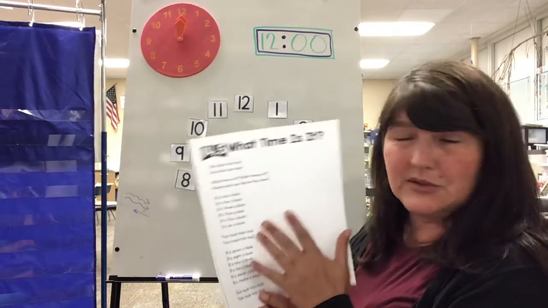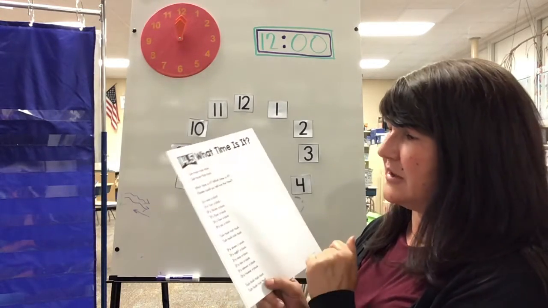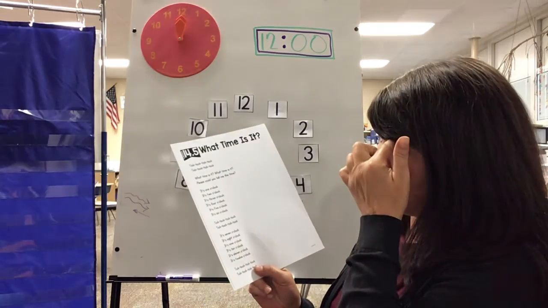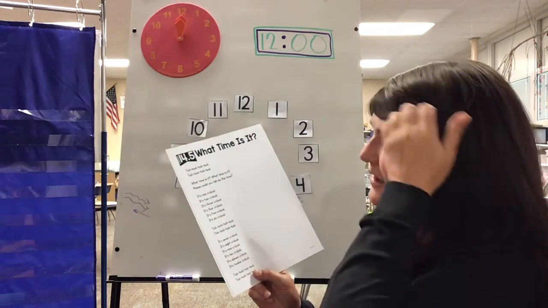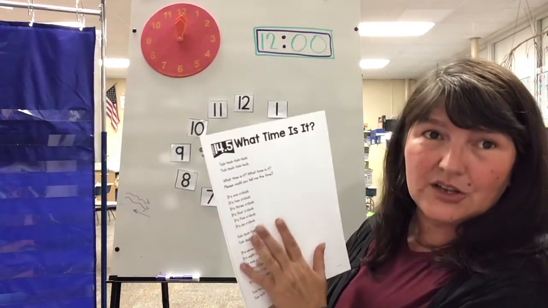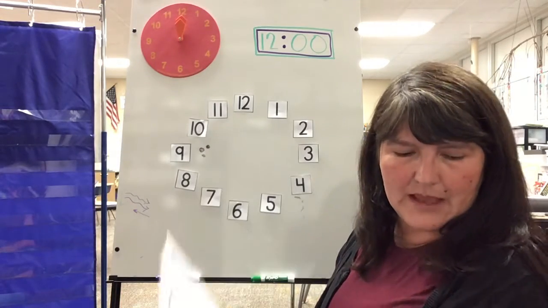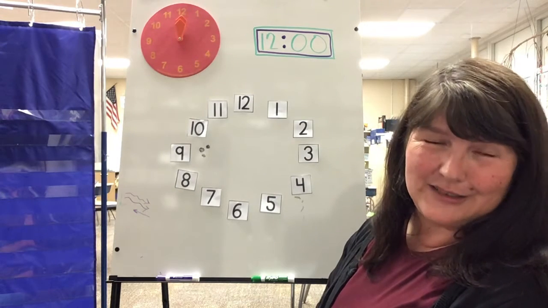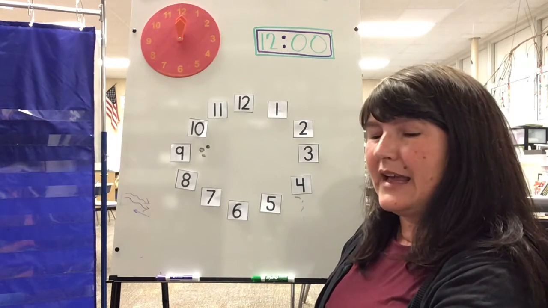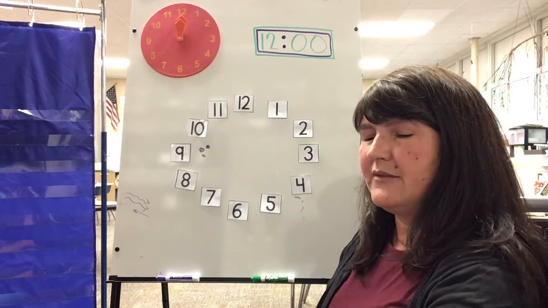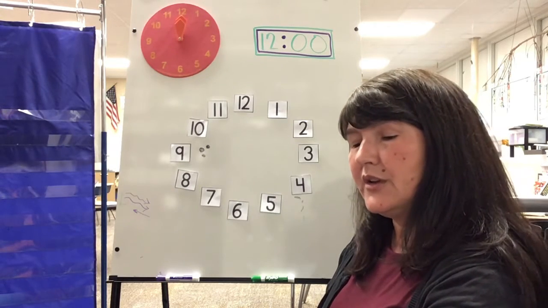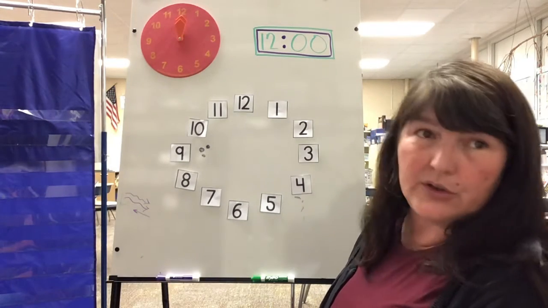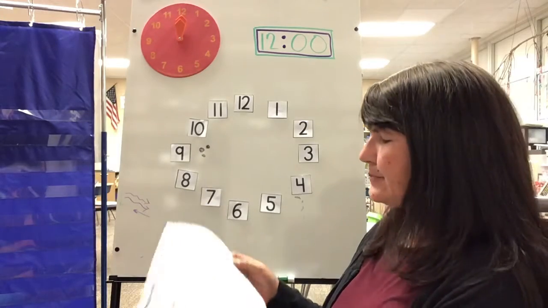And I think most of you can read a lot of this because most of these are words that we know. There are number words in here and a lot of sight words. So practice this song. You might be able to find a better way to sing it than I just did. Now, inside of your packet, there are 2 things today that we will use to practice telling time.